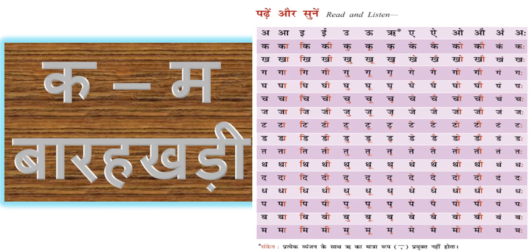Like, let us take K Barahkhadi. We can read it as K. K में आ की मात्रा का, क में छोटी ई की मात्रा की, क में बड़ी ई की मात्रा की, क में छोटी ऊ की मात्रा कु, क में बड़ी ऊ की मात्रा कू, क में री की मात्रा क्री, क में ए की मात्रा के, क में आई की मात्रा काई, क में ओ की मात्रा को, क में औ की मात्रा काउ, क में अंग की मात्रा कम, क में आहा की मात्रा कहा.